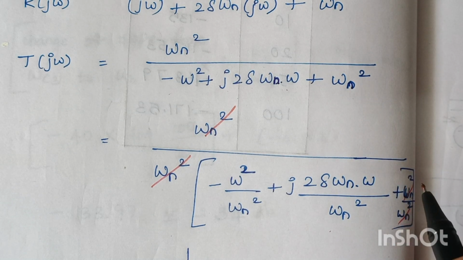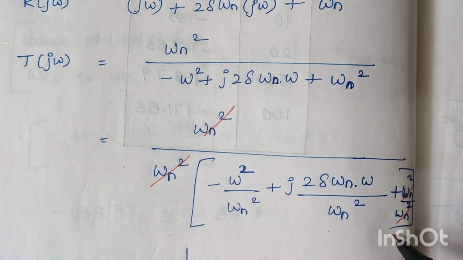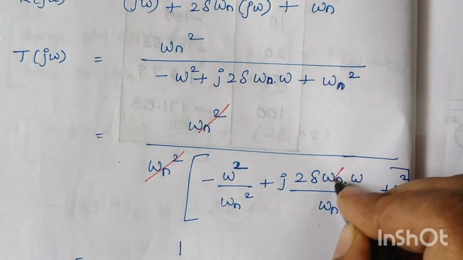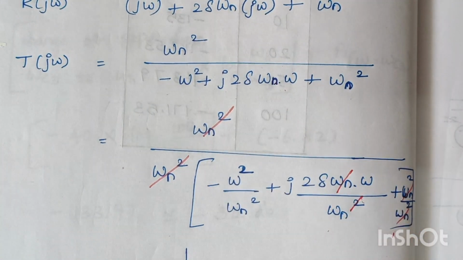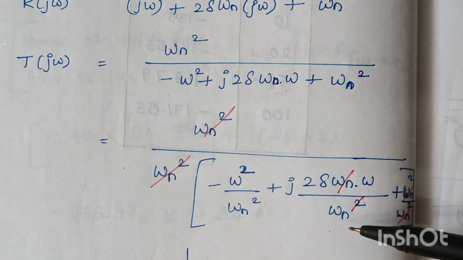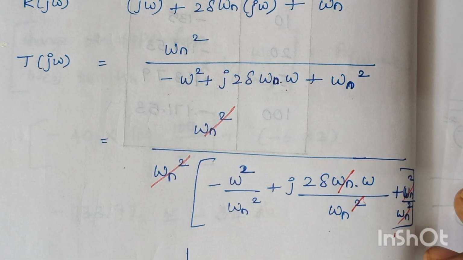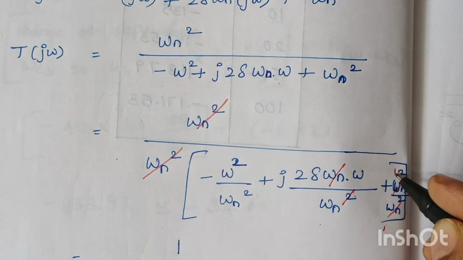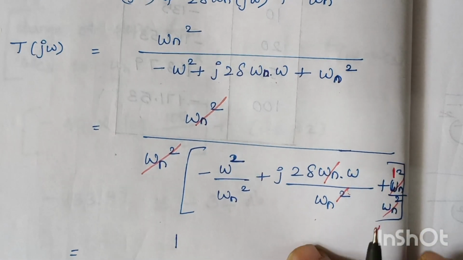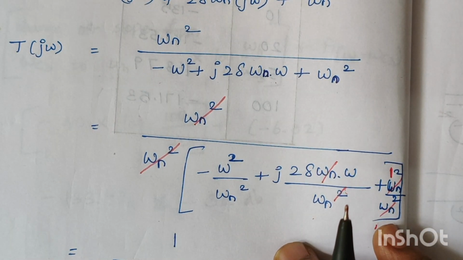These two terms cancel each other, and in this place we will be having 1. I am combining the real terms together.